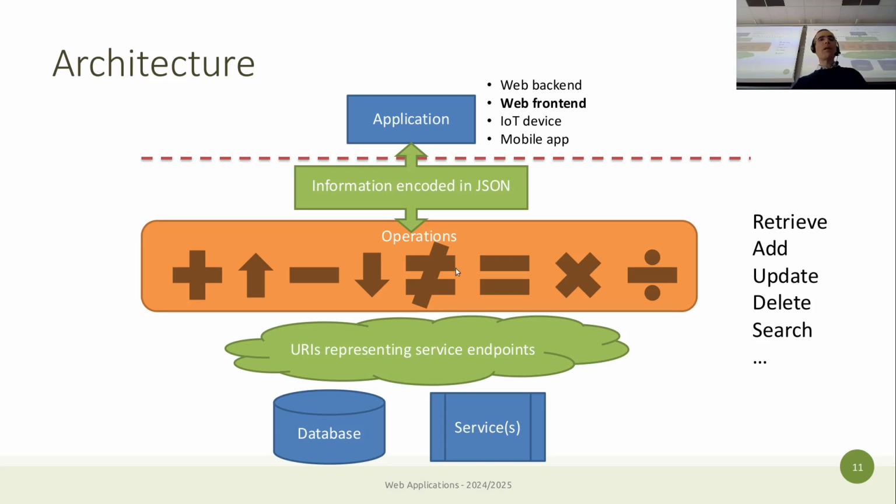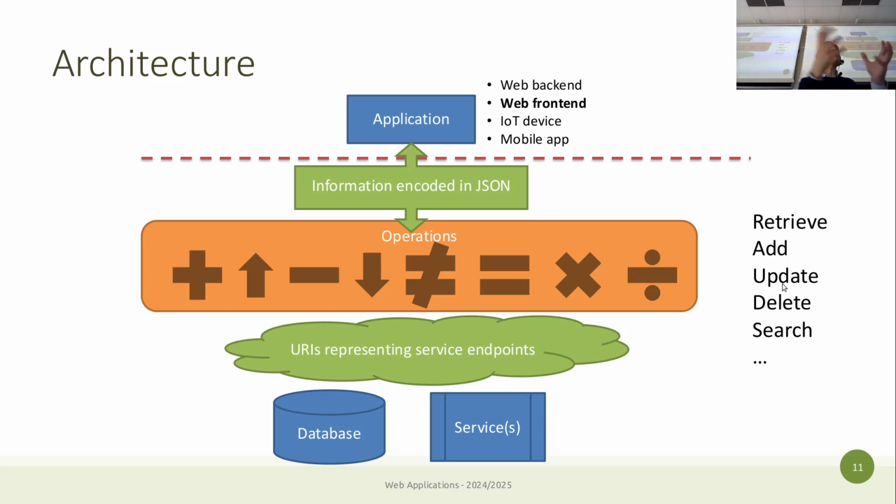And then you have the operations, and the operations are the ones defined by the HTTP method. Actually, the operations, from the point of view of the application, are not the HTTP methods. The HTTP methods are just a way to achieve those operations. The operations are retrieve data, add data, update data, delete data, search data. Modify data, not that different from update, and so on.